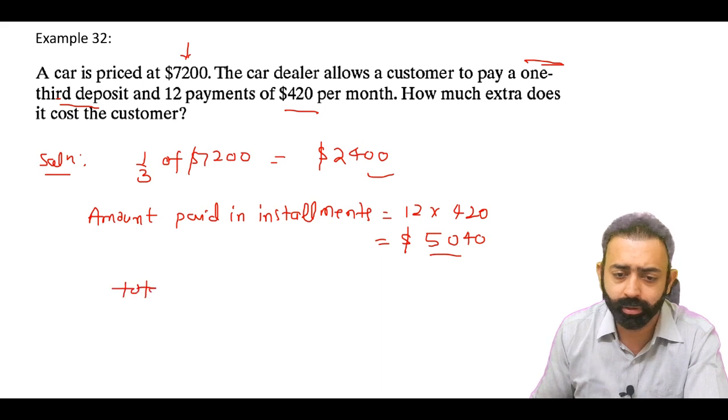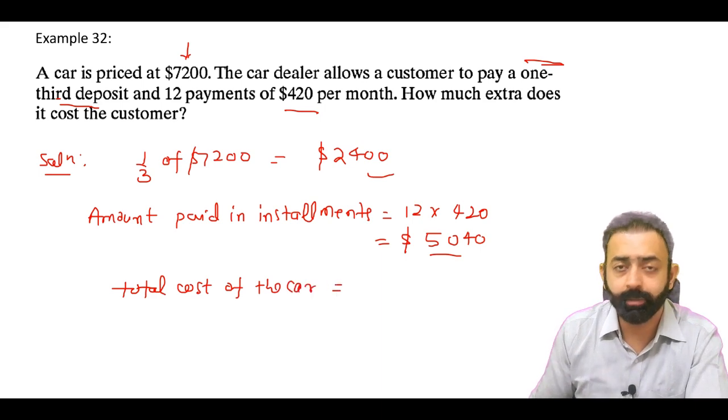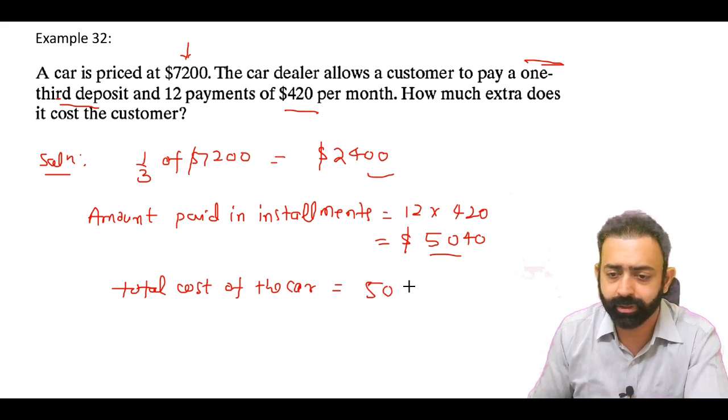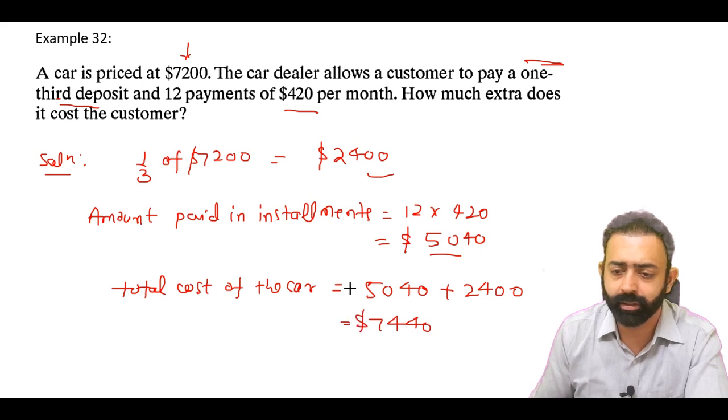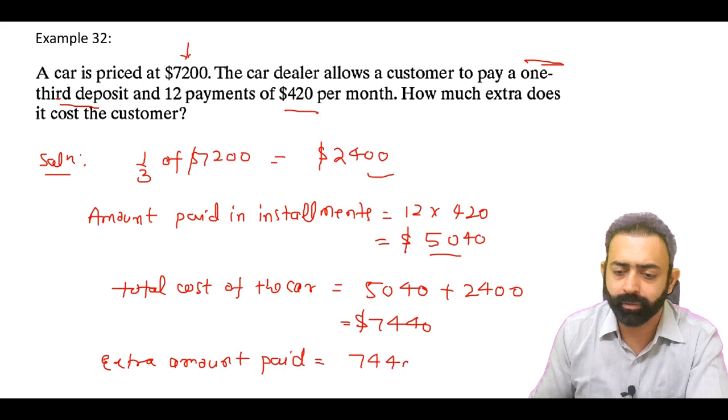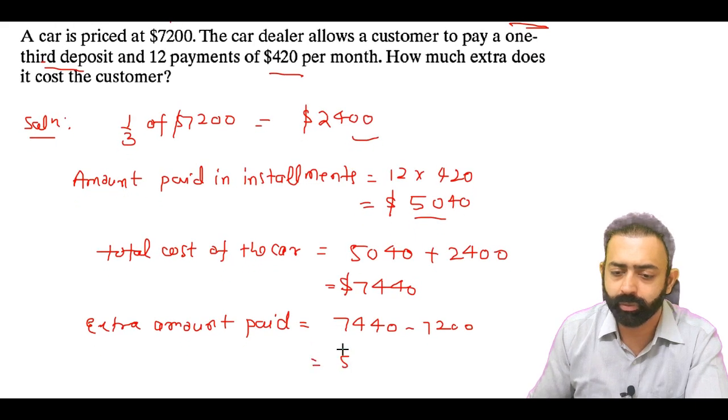So the total cost of the car, with respect to the customer, will be 5,040 plus 2,400, so this is $7,440. As you can compare this with the initial cost of the car, which is 7,200, the extra amount paid is equal to 7,440 minus 7,200. This is $240.